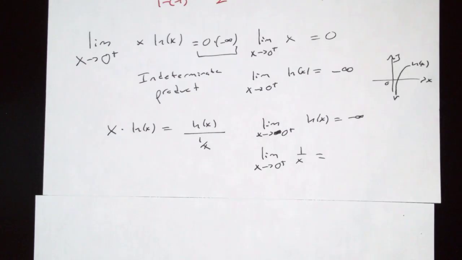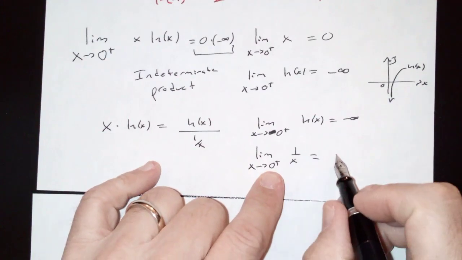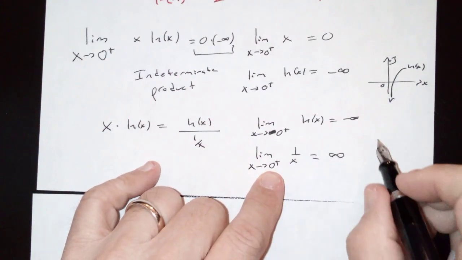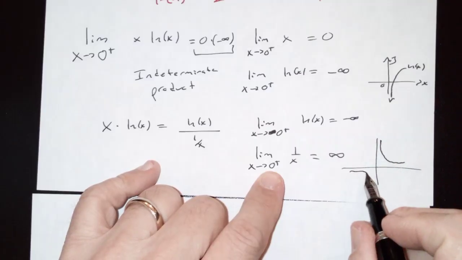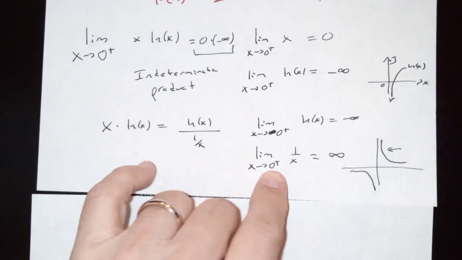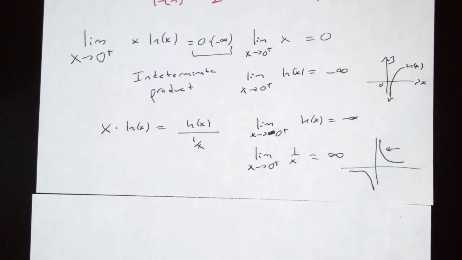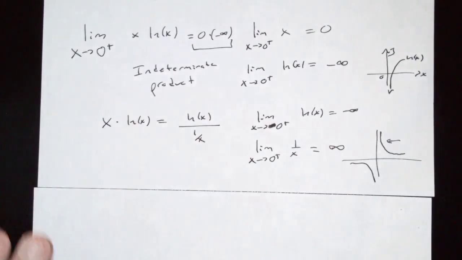If x is tiny, 1 over x is really big, huge. That means as this gets closer and closer to 0, this is going to go off to infinity. The graph of 1 over x, we're coming from the right, graph of 1 over x goes up. This is infinity over infinity. I know what to do with that. I can do L'Hopital's rule here.